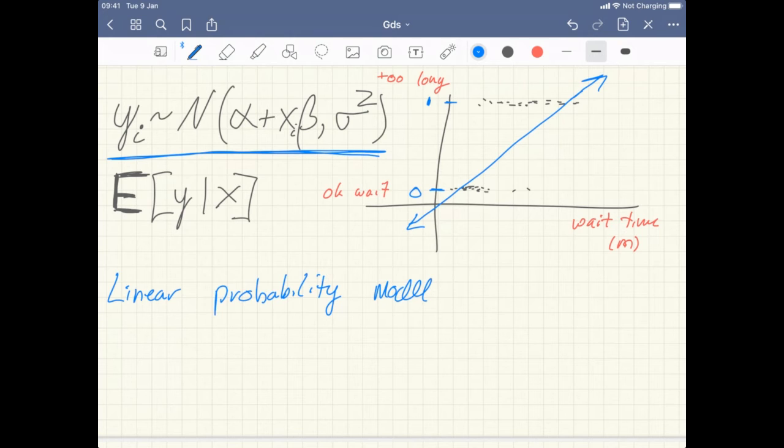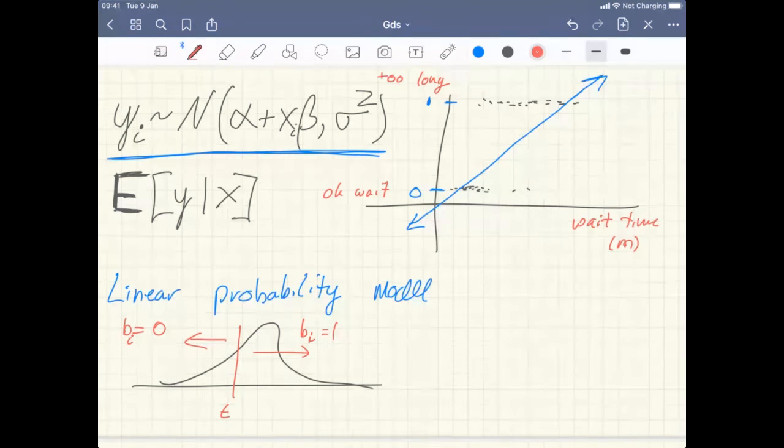And what this means is that you're just doing a linear regression on a binary y. Do you remember how I was talking earlier where you might have a normal distribution, and I might be putting in a threshold t, and any y that I observe down here, I'll say have a binary indicator of 0, and any y that I observe up here, I'll say a binary indicator of 1.